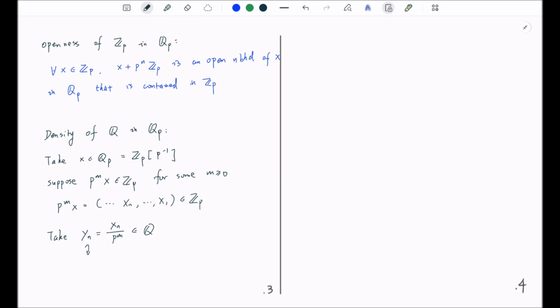And we embed this y_n into Q_p as y_n arrow, p to the negative m times this infinite vector where all components are taken as x_n. This is in Q_p. And this part is in Z_p.